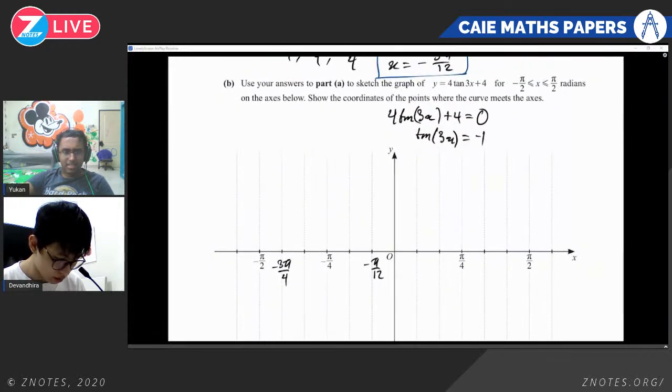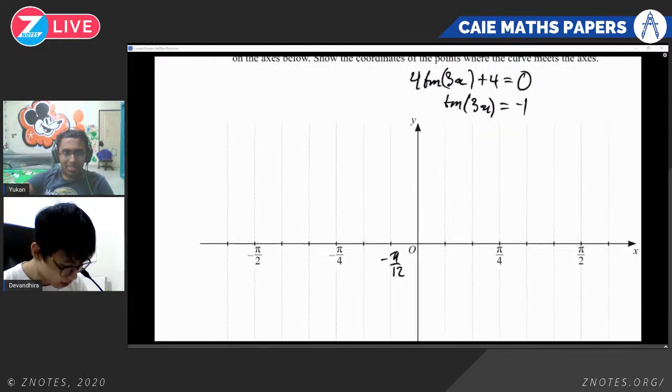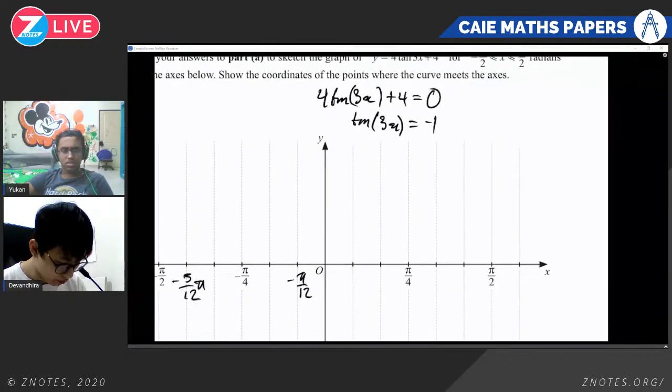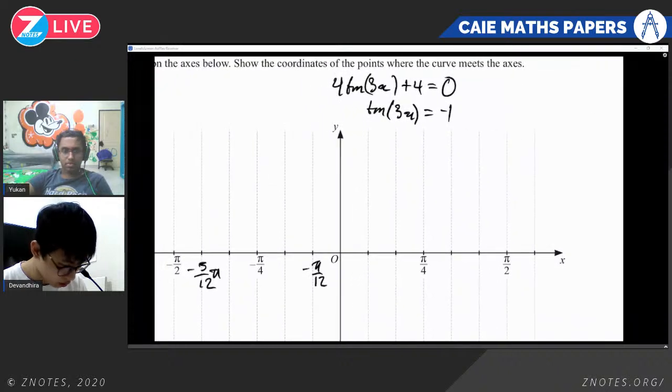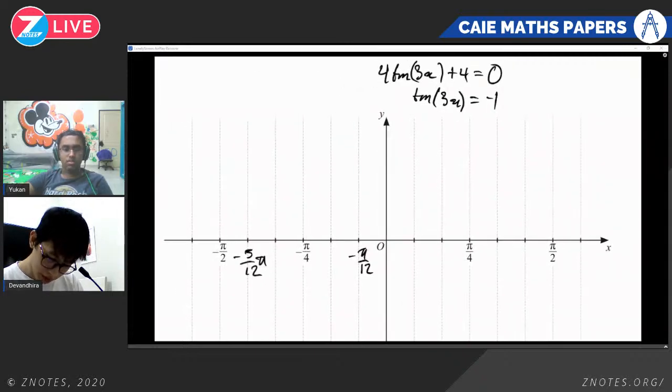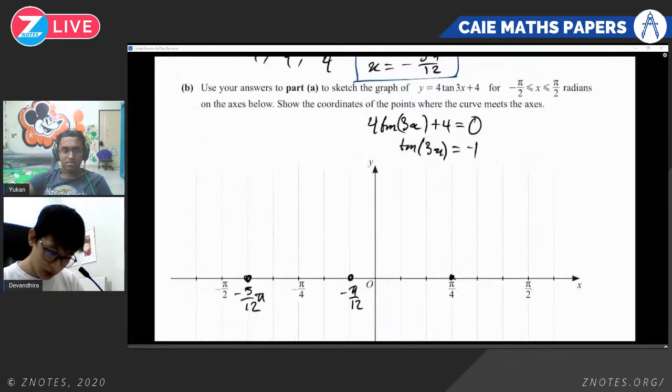Wait, no, it's not negative 3 pi over 4. My bad. It's negative 5 pi over 12. Where's 3 pi over 4? Oh, wait, no, not 3 pi over 4. I'm sorry. Pi over 4. Yeah, it's just right here. Okay. That means the curve will pass through these 3 points, correct? All right.